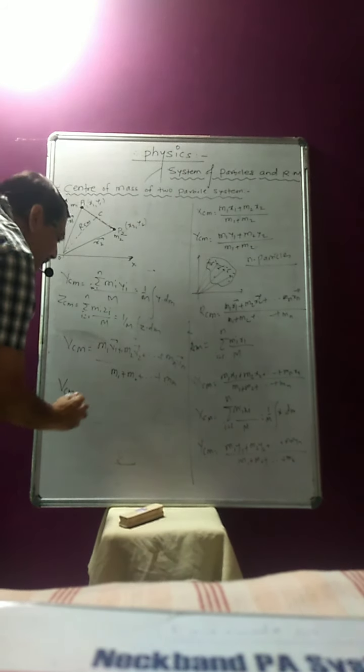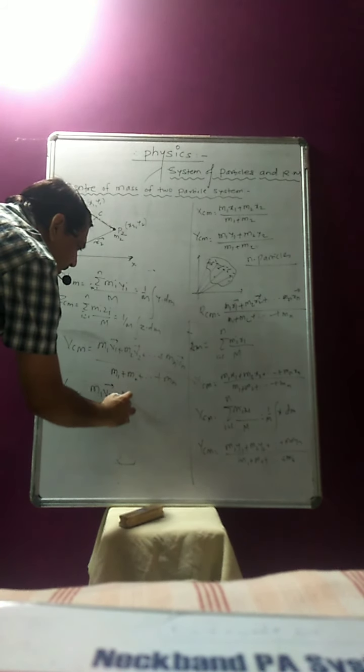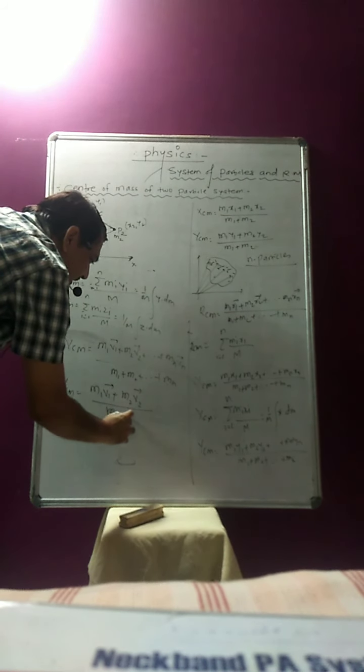But if it were a two particle system, then that formula would become m1 v1 bar plus m2 v2 bar upon m1 plus m2. Okay, so that will be your formula.